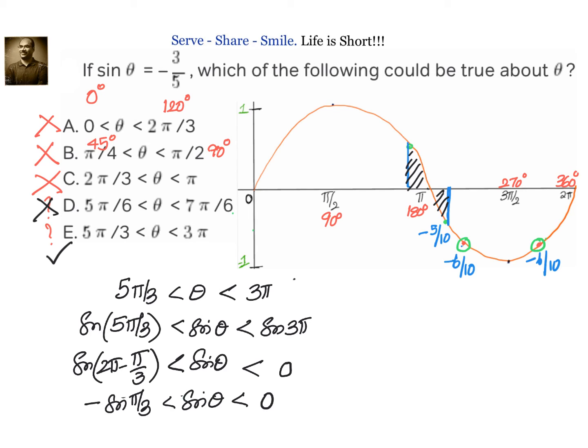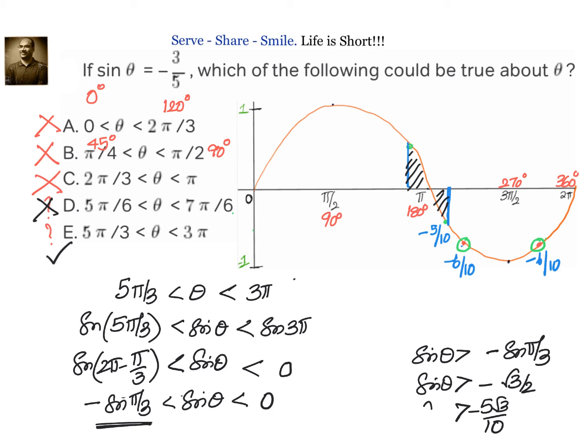Now we will focus on this particular value. Sine theta is greater than minus sine pi by 3. Now what is minus sine pi by 3? That is minus sine 60 degrees, that is minus root 3 by 2, that is minus 5 root 3 by 10. Can we write that sine theta is greater than minus 8.66 by 10, because root 3 is 1.732.